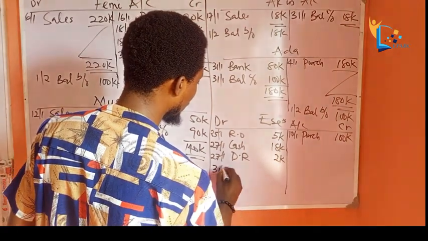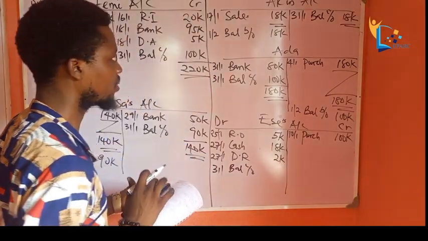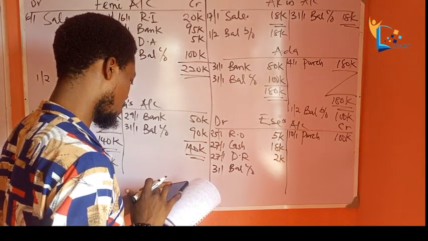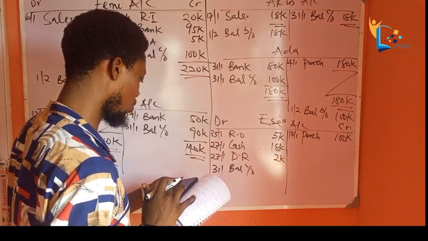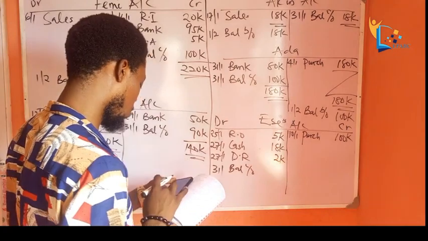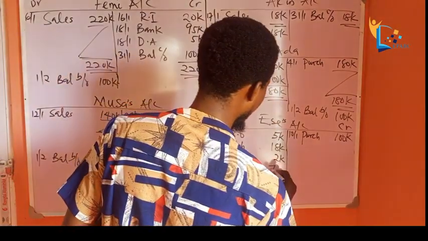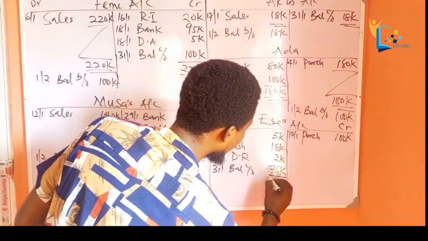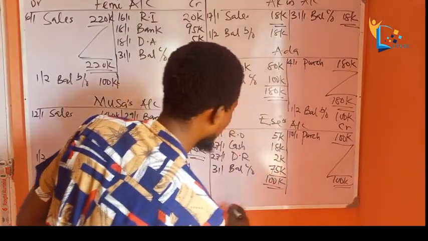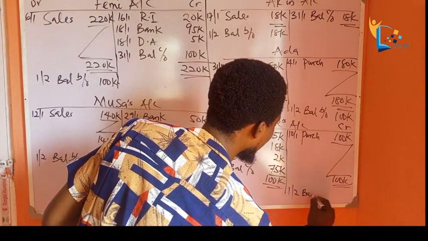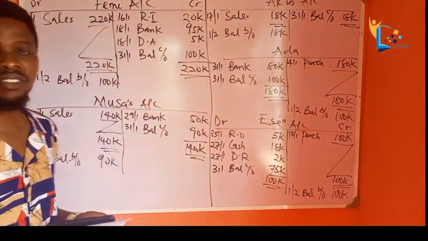So we have 31st of January, balance carried down, which is, let's see, 5,000 plus 18,000 plus 2,000, which is 25,000, okay? Minus 100,000, which is 75,000. That's what we are to balance SA, okay? 75,000 naira. So we have 100K. So 1st of February, balance brought down 75K. I hope it's getting clear.